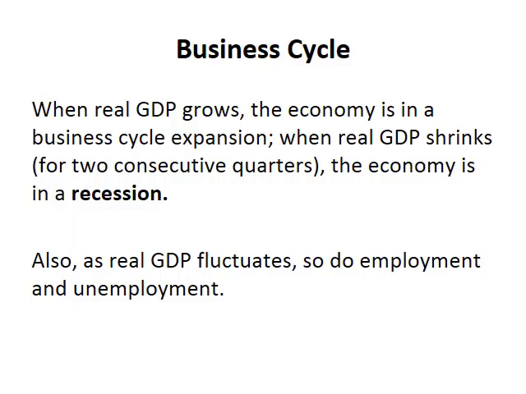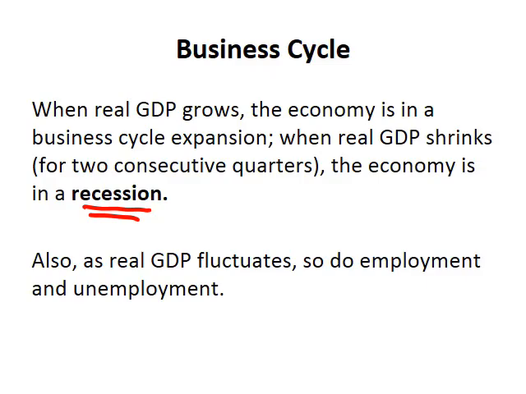The business cycle. When real GDP grows, and we've looked at this a few classes ago, the economy is in a business cycle expansion. When real GDP shrinks, and it has to be for 2 consecutive quarters, we could say that the economy is in a recession. So technically, if you're going to define a recession, you have to say real GDP declines for 2 consecutive quarters.